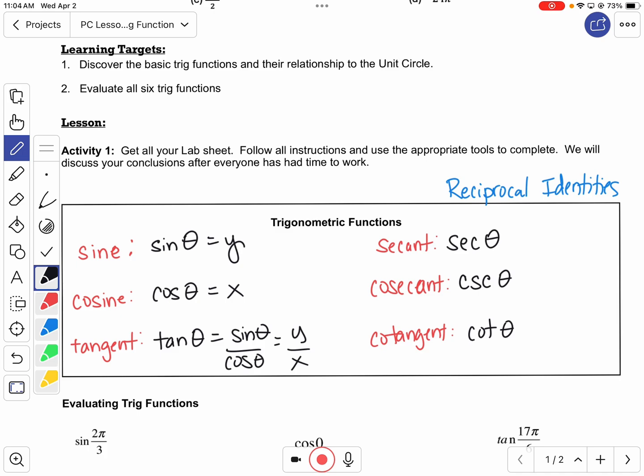Now, this is the only part that's weird because it doesn't match like you think it should, okay? Secant is the reciprocal of cosine, so it is taking cosine and flipping it upside down, or the reciprocal of your x-coordinate. Okay, so secant goes with cosine. Doesn't seem like it should. Seems like it should go with cosecant, but it doesn't. Cosecant is the reciprocal of sine, which is the reciprocal of your y-coordinate, or just 1 over y.